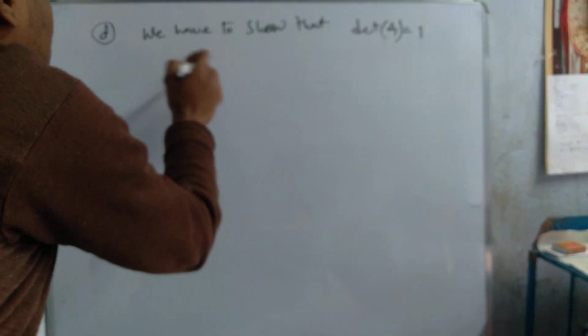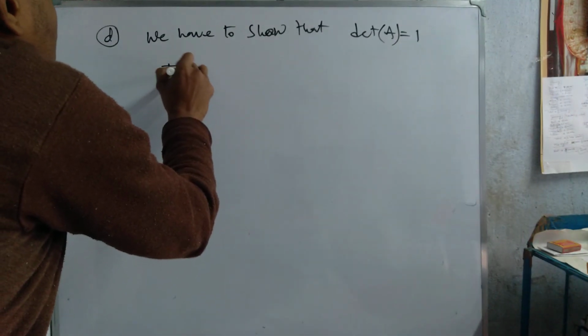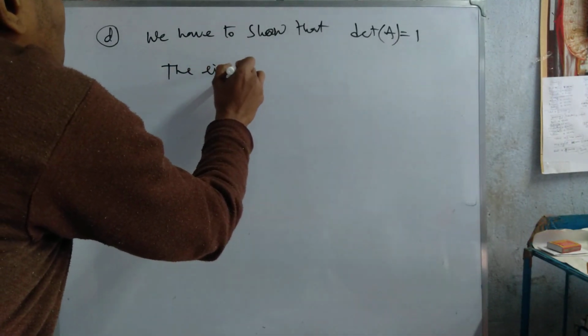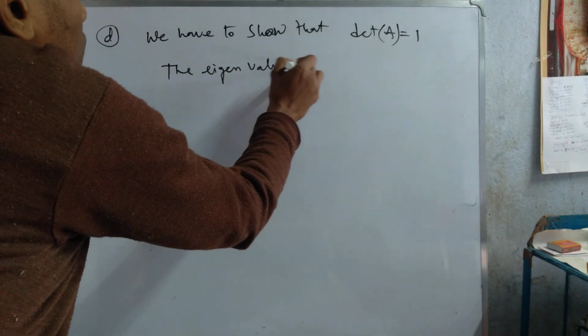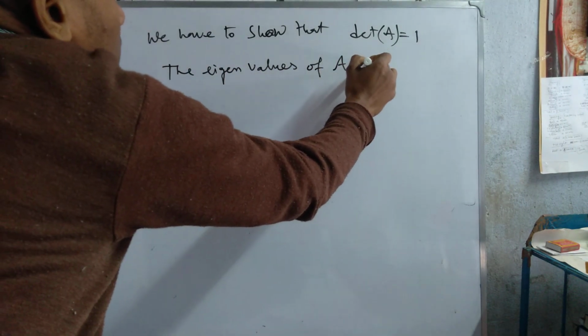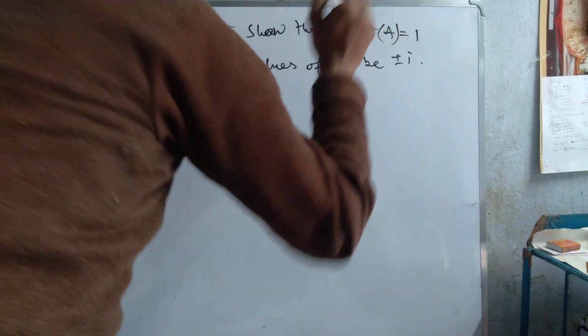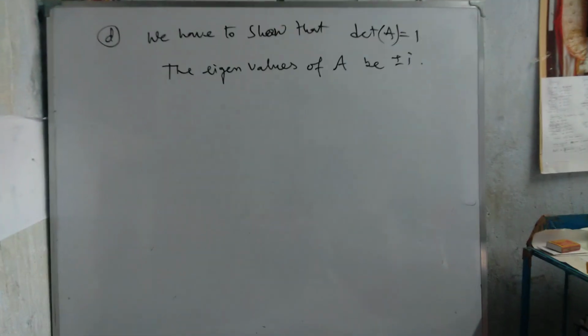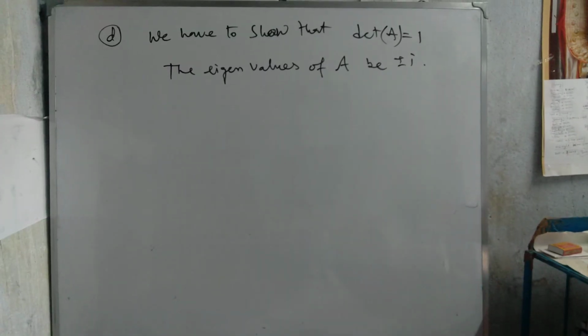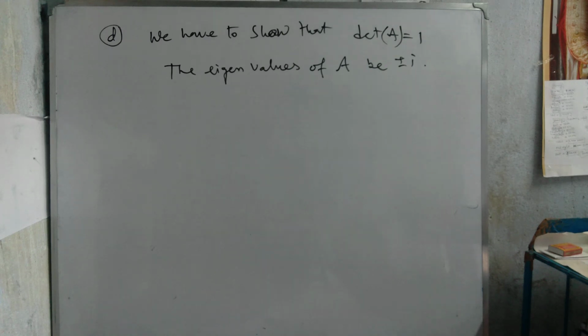Obviously we know that the eigenvalues of A are plus minus i. But how many times this i and minus i are repeated, we don't know.